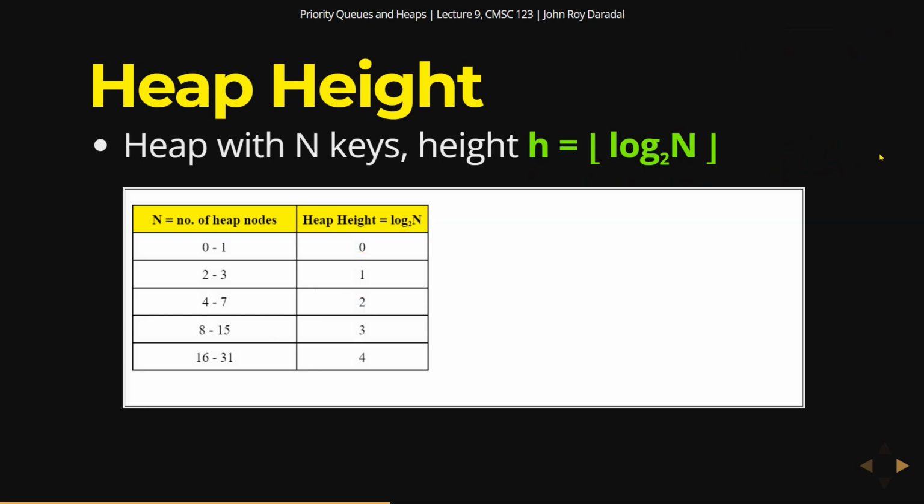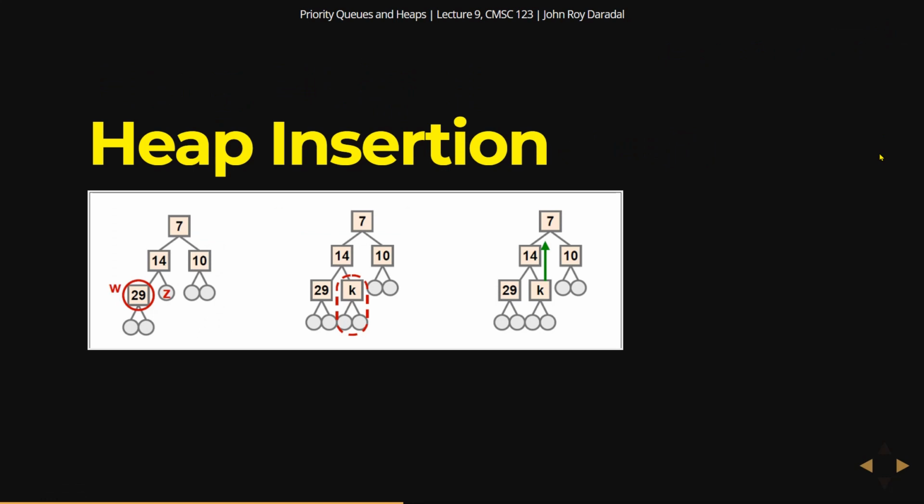And then next, let's take a look at how to insert new keys to the heap. Okay, so let's say that this is our current heap. So this is our last node, 29. So we'll call that last node W. And then where will we insert our new key? So if our new key is K, for example, where will we insert it?